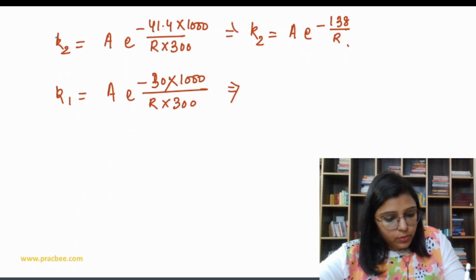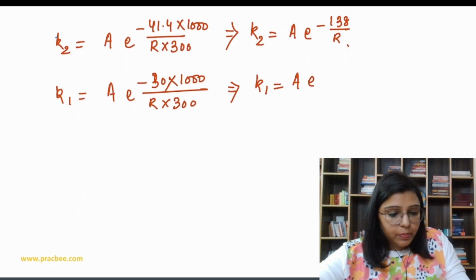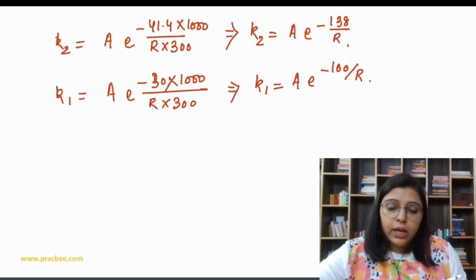On solving this, K1 is equal to A e to the power minus 100 upon R.